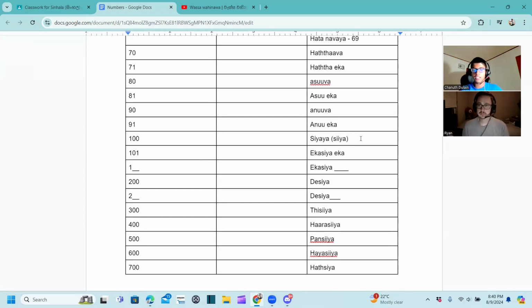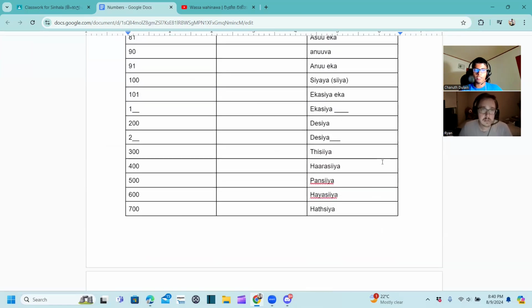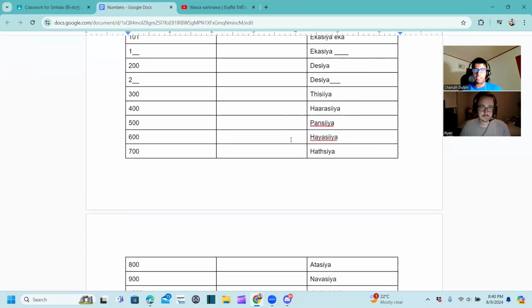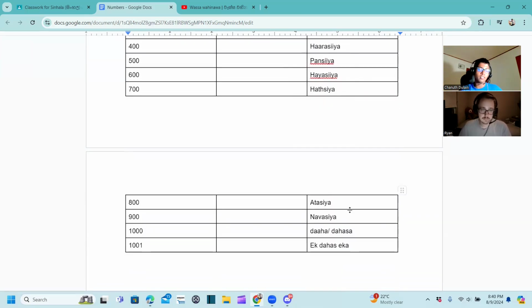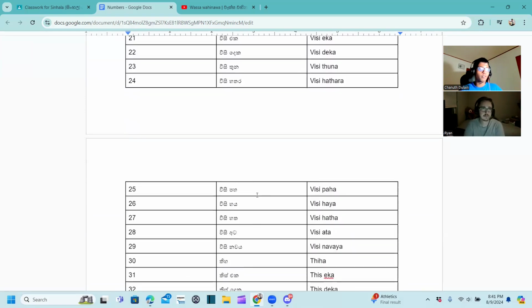Then we have Sia for 100, and it repeats like "Eka Sia, Deka Sia." Then we have Ekasia, Desia, Tunsia, Harasia, Pansia, Hysia, Hatsia, Atasia, Navasia, Daha. It follows the same pattern like Eka, Deka, Tuna.